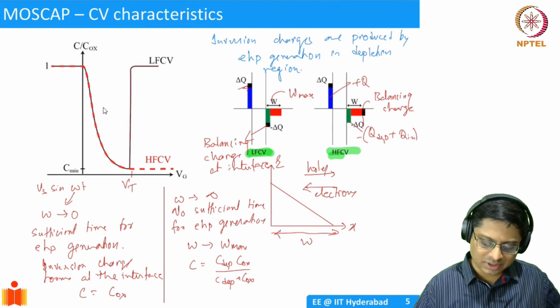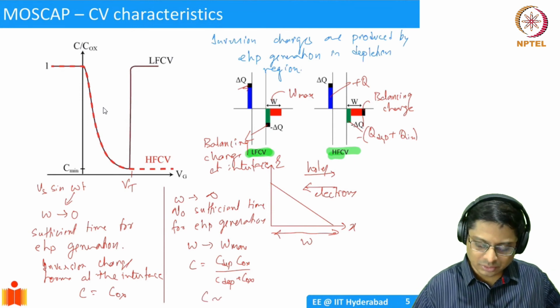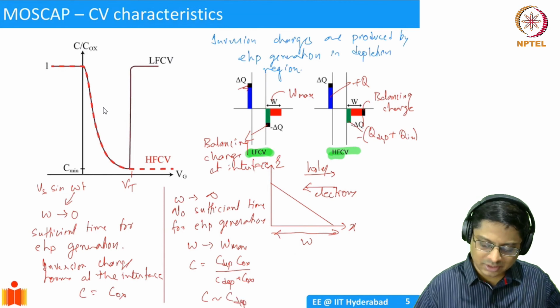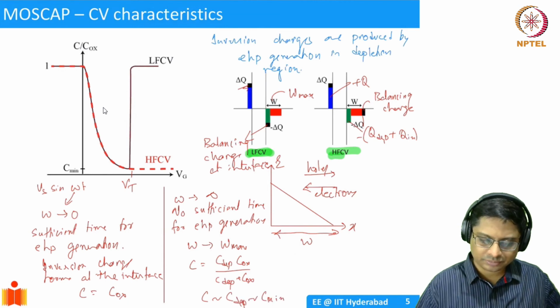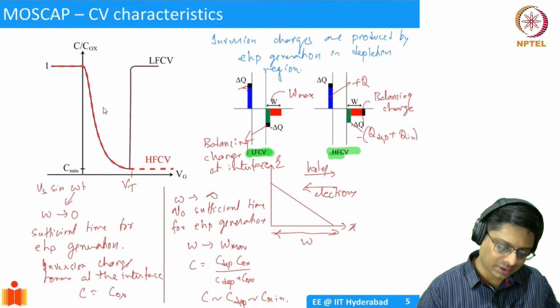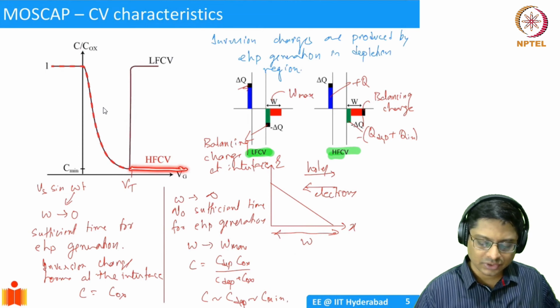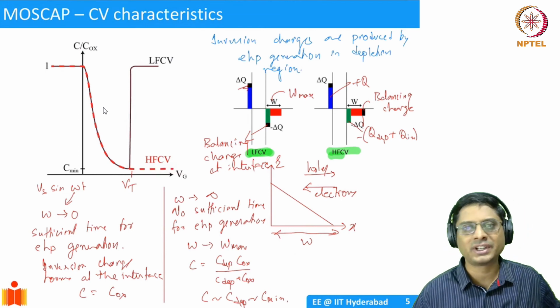At maximum depletion width, C tends to be close to C depletion. We'll call it C minimum. So that's why you see that this HFCV does not go back up. It remains flat. This is a primary difference between HFCV and LFCV.